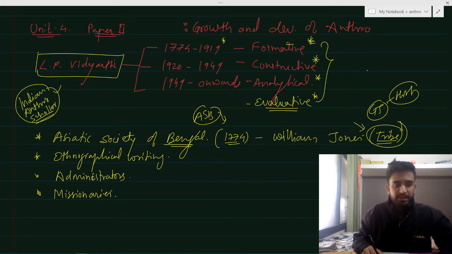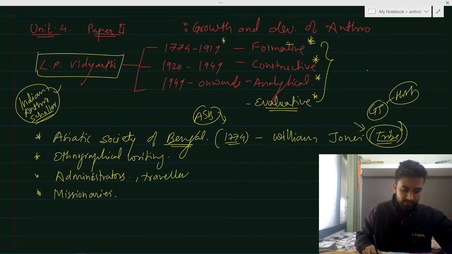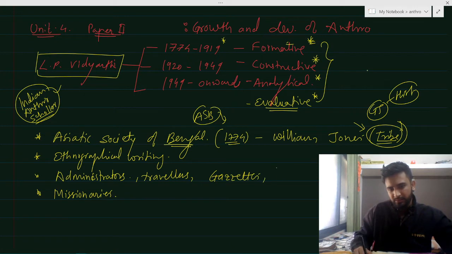All right, so these were the people, organizations, and ways in which this phase was concretized. Now I am going to write down certain names of the scholars. You can even add some travelers over here. Then there are a lot of gazetteers, notifications, and various other journals.